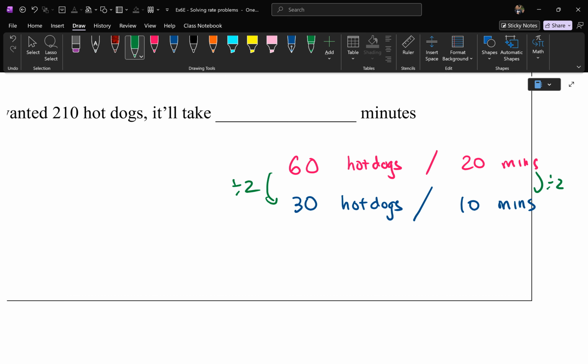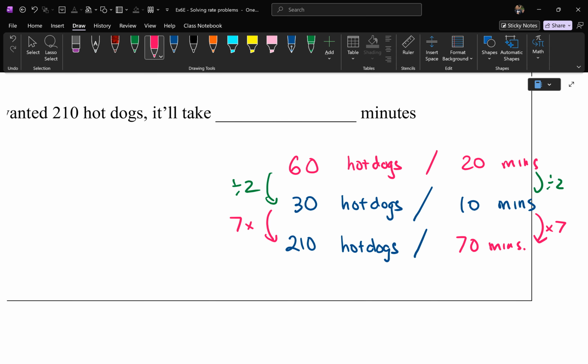But then what they said was 30 will fit nicely into 210. So if you want 210 hot dogs, how many 30s would make 210? 7. 30 times 7. Yeah, 30 times 7 will give you 210. So what they did was they just said 10 times 7, 70 minutes.